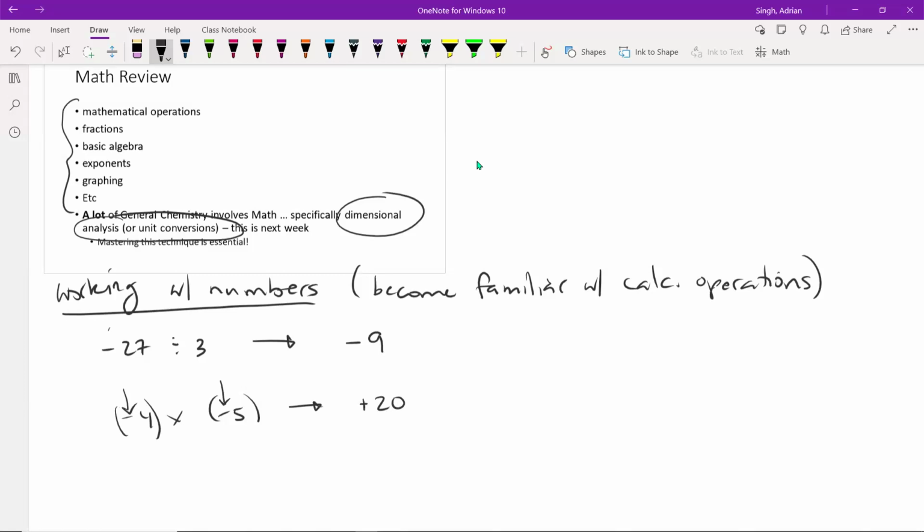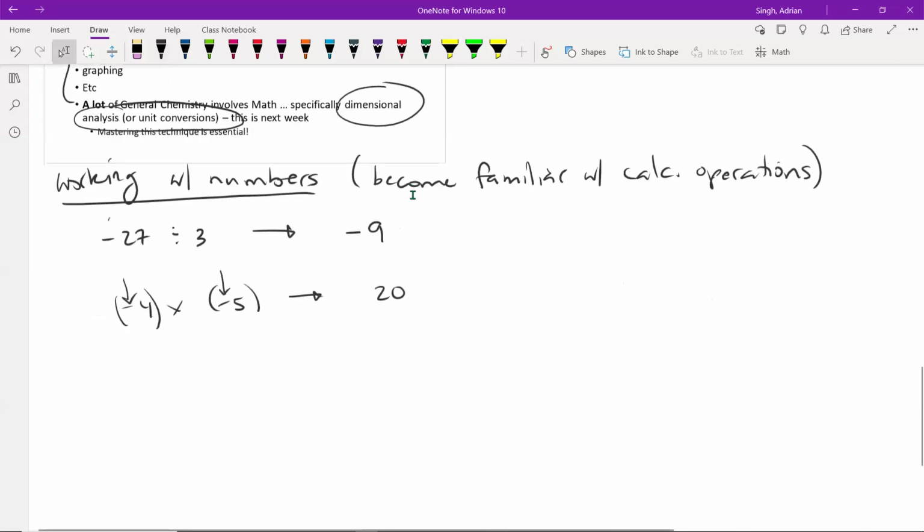So you can put the positive 20 there, but you don't need to. If you just have 20, the positive sign is understood. So we have 20 as your final answer. So you want to pay attention to signs, especially when you plug them into your calculator, to make sure that you have the right, not just the number, but the sign as well.